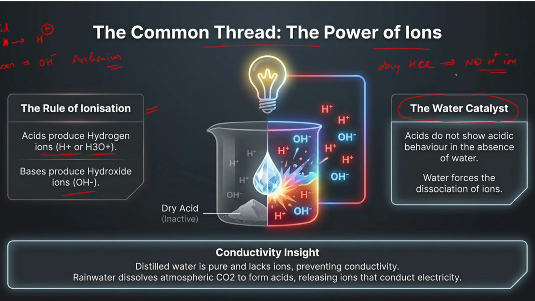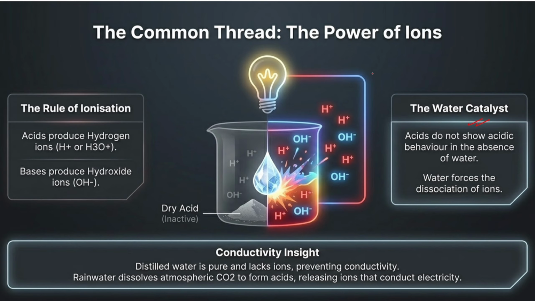No effect, because it does not have any H+ ion. Since water is the catalyst, the moment dry HCl is dissolved in water, it becomes HCl aqueous, meaning liquid HCl. Now it has H+, so it turns the litmus paper from blue to red.